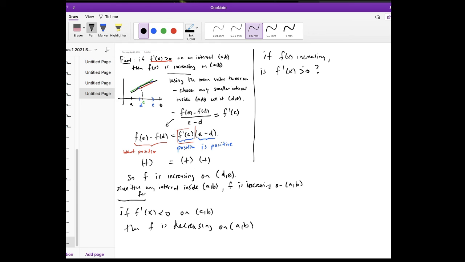If it were negative, then f would be decreasing. But do they go hand in hand? If you have a function that's increasing on an interval, any function, is it necessarily true that the derivative is positive there? No, yeah. Where do you think it could not be positive? What's an example? There's a couple of examples.